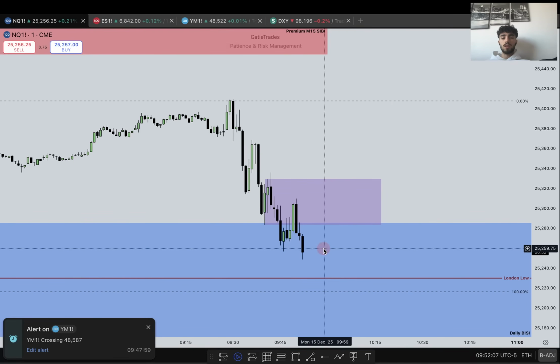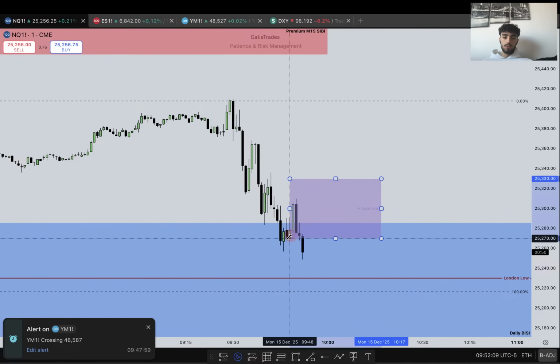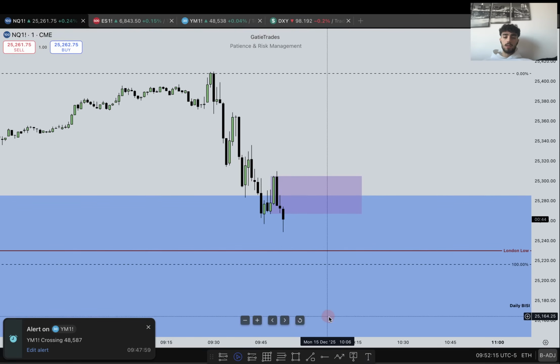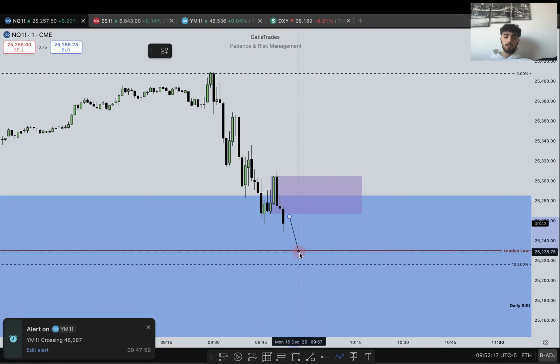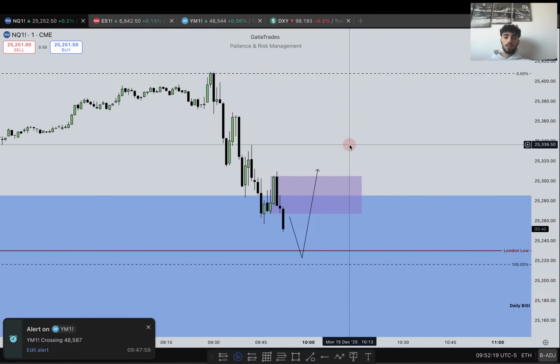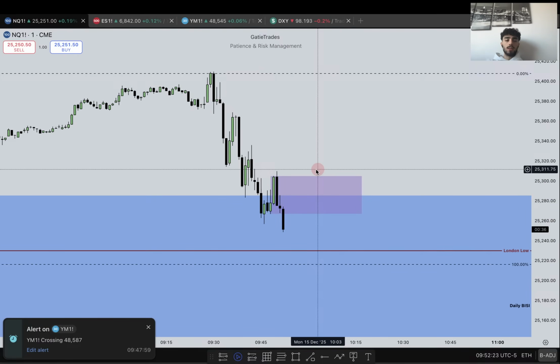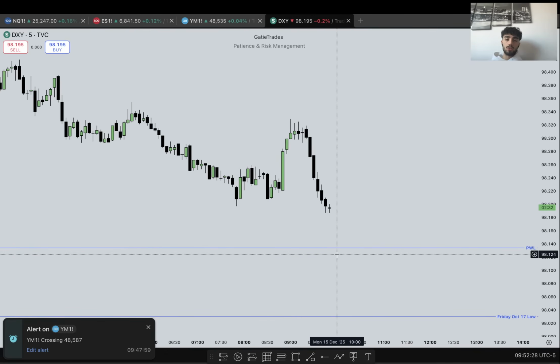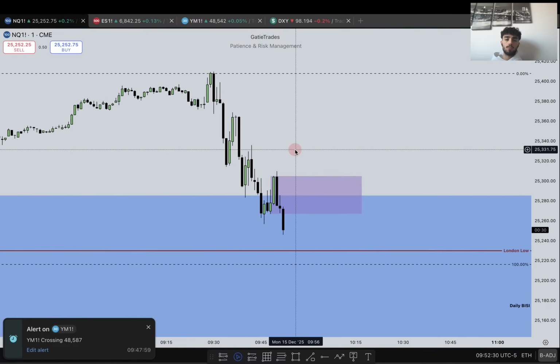There's the SMT gone. Yeah, I mean, this would be your breaker now. Let's get London lows here. Let's get something like this. If we get that, I will long. We'll let that happen. Now, the issue is, if dollar index reaches this objective, there's not much to look for anymore.